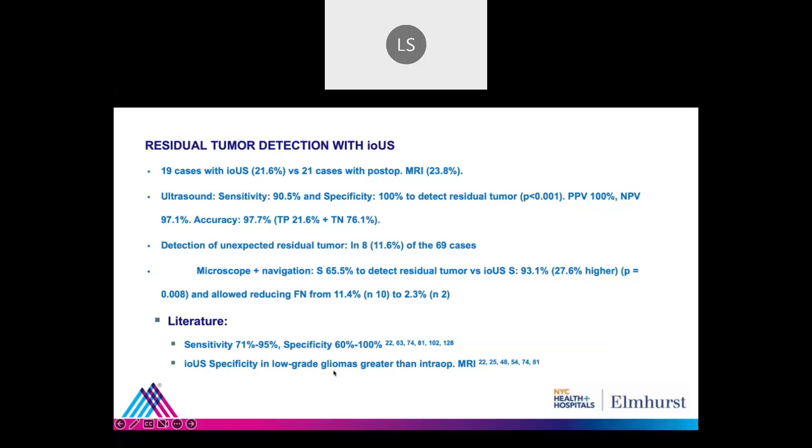Several studies say that intraoperative ultrasound has a higher specificity in low-grade gliomas than the MRI. But this is if you compare with intraoperative MRI, because most of the studies compare the results with the pre-op MRI, that is a 3 Teslas MRI. If you compare with the available MRI that we have nowadays, which doesn't have the same quality of image, the ultrasound for low-grade gliomas may be even better.